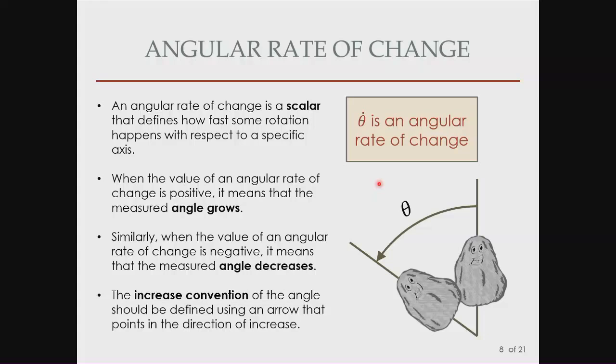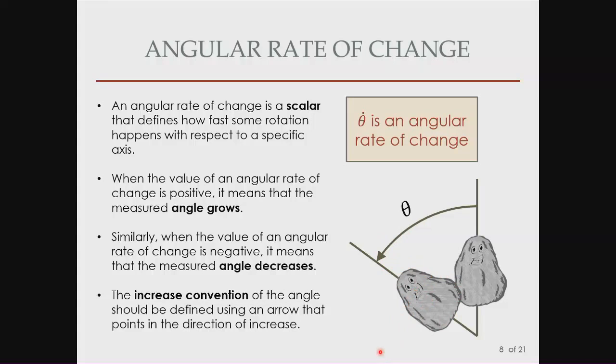Now, when you see angles and arrows, there is always some convention, or if there is no convention, you need to define the direction of growth. Say here for theta, as theta grows, it is clear from this drawing that this rock here will be going further and further in this direction.